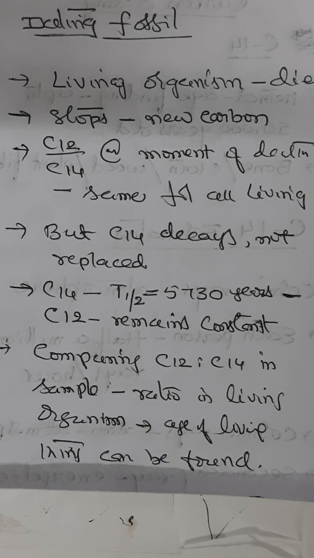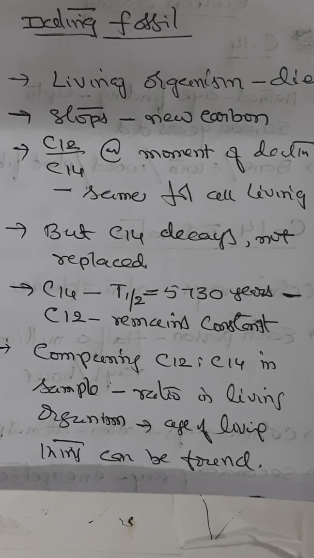When we look at dating a fossil, as soon as a living organism dies, it stops taking in new carbon. So the ratio of carbon 12 to carbon 14 at the moment of death is the same as for every other living being. But the carbon 14 decays and is not replaced. The carbon 14 decays with its half-life of 5730 years, while the amount of carbon 12 remains constant in the sample.